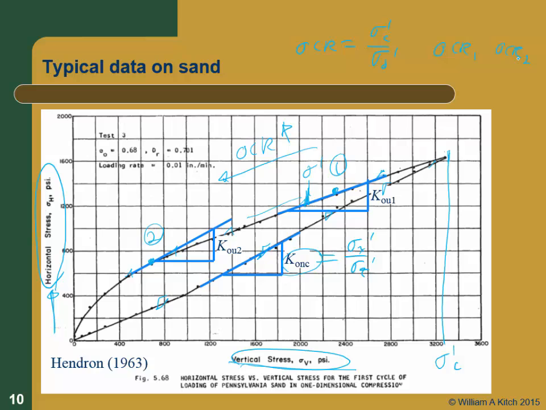Yeah, because the over-consolidation ratio is the highest stress the soil has ever seen, divided by the current stress, right? That's the definition of the over-consolidation ratio. So sigma prime C is not changing. The highest stress the soil has ever seen is not changing. And I'm decreasing the existing stress as I come down here. So OCR2 is greater than OCR1.